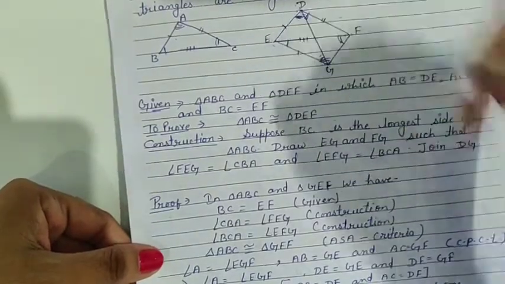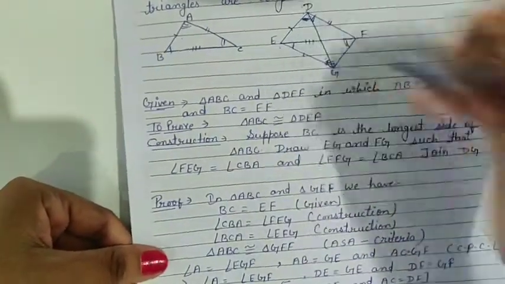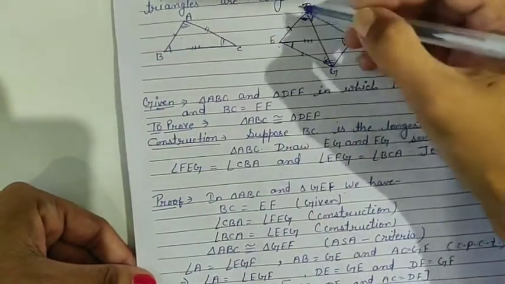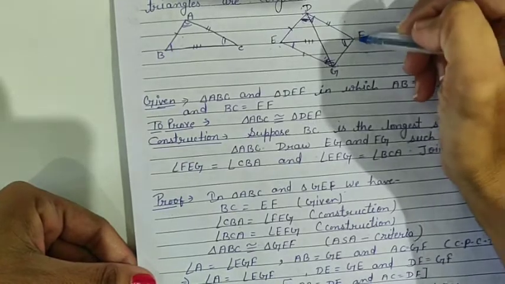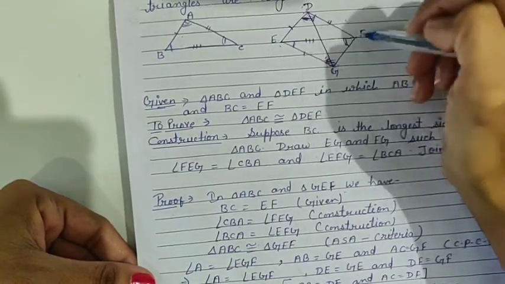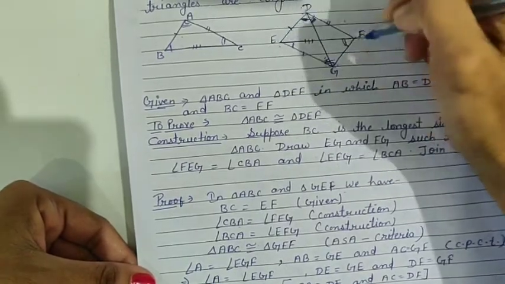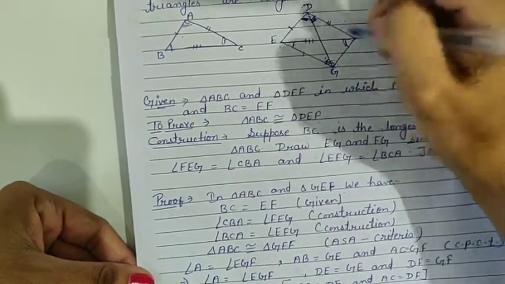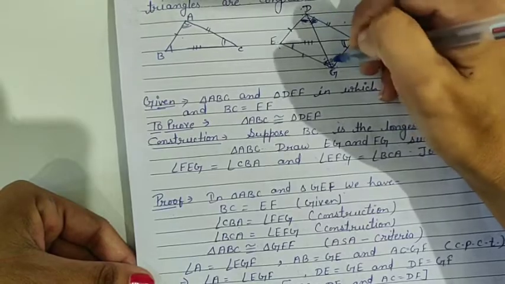Because these two sides are equal, so these two angles will also be equal. Now in triangle FGD, DF equals GF. Then angle FGD equals angle FDG. These two angles are equal.